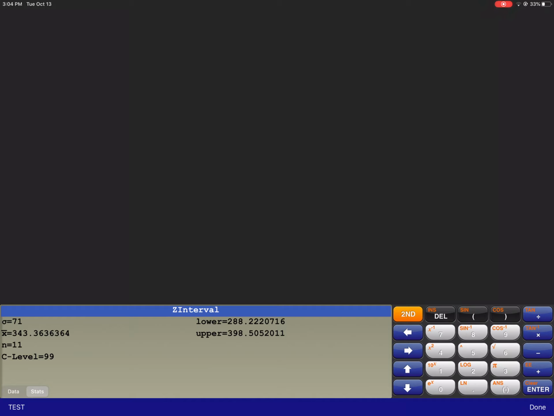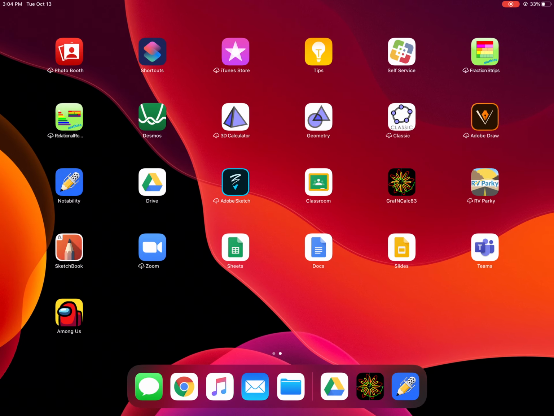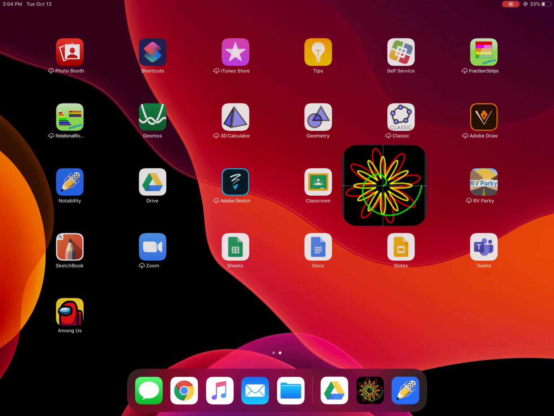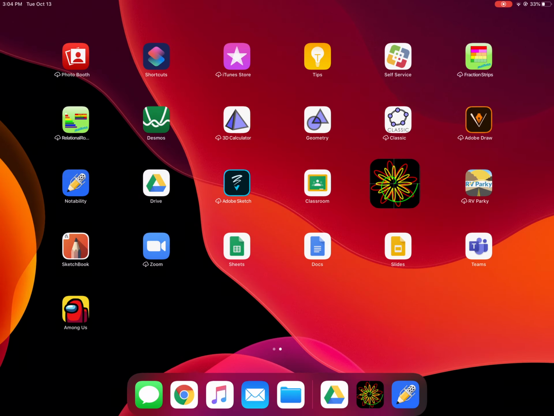Our lower is 288, our upper is 398. So it's allowing a lot more room for error. So if we go back to our 95, 288 to 398.